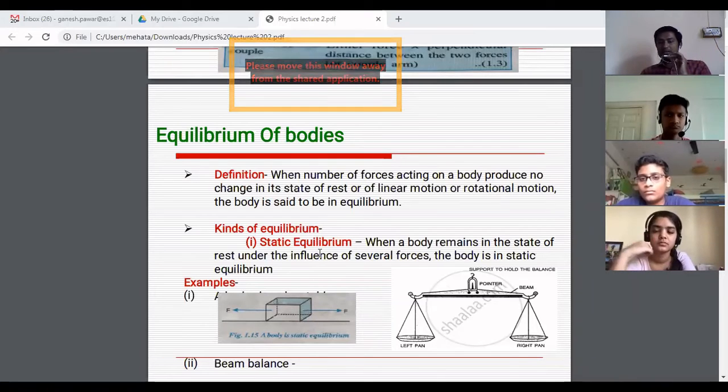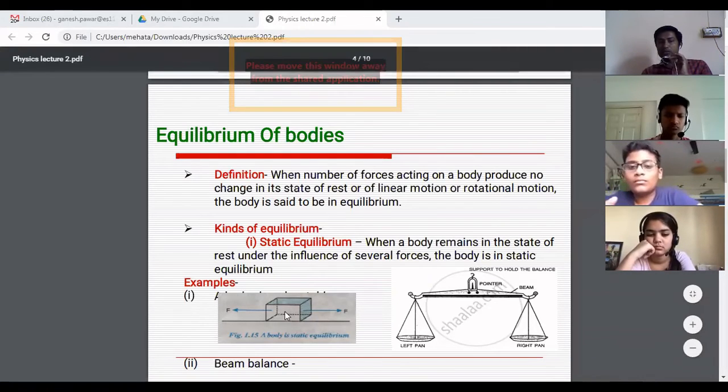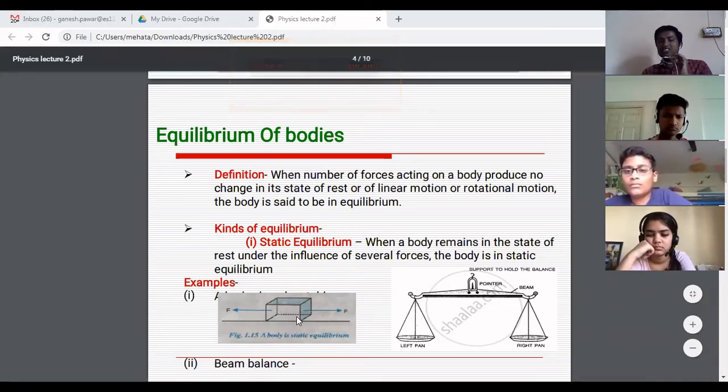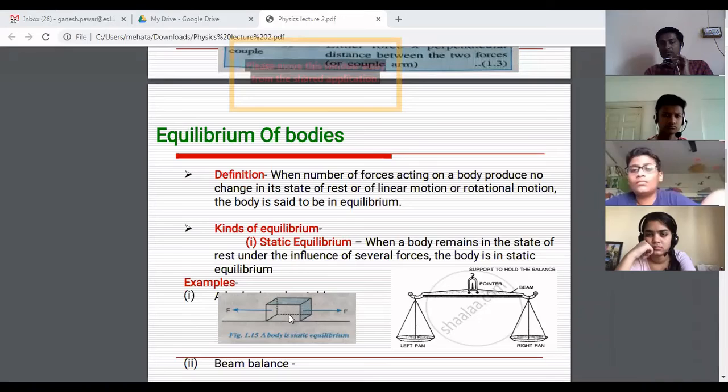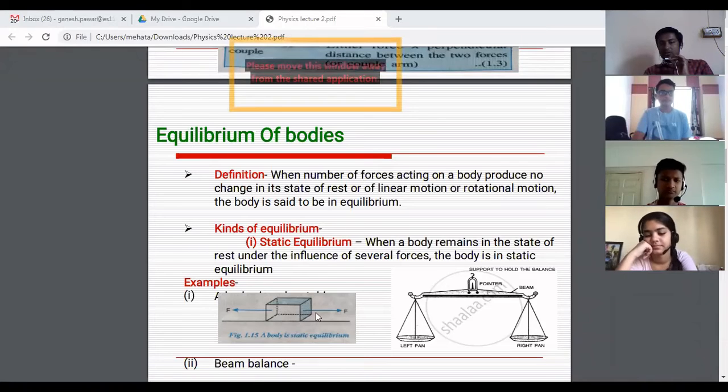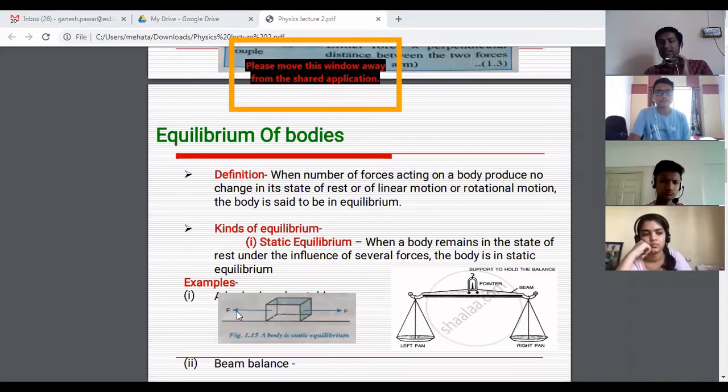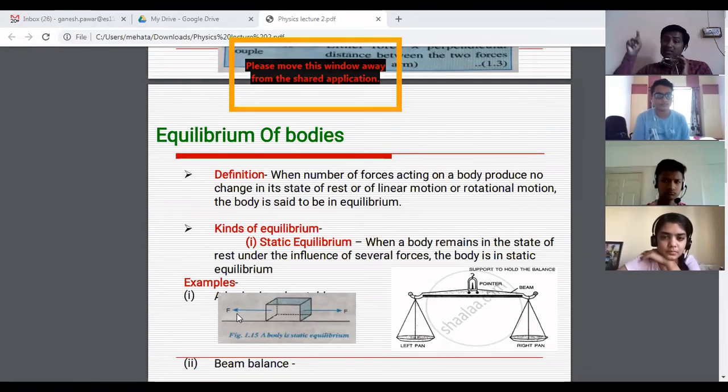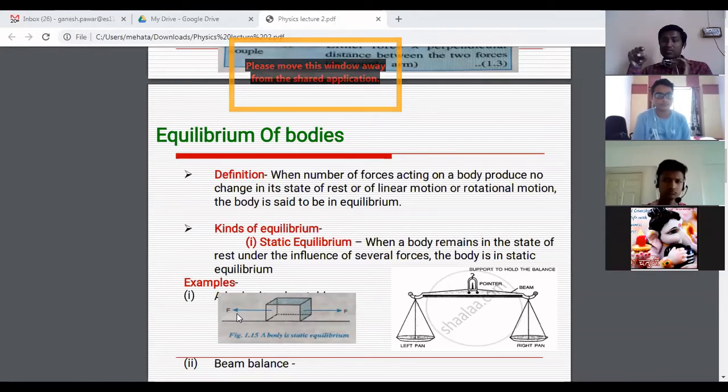What are the examples? You can see that there is one object placed on a table. Are you able to see this object over here? One force is acting like this and a second force is acting like this. So how many forces are acting? Two forces, both equal and opposite, and both acting on the same body.